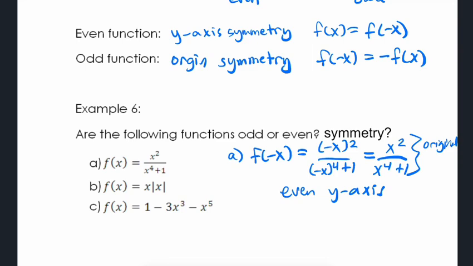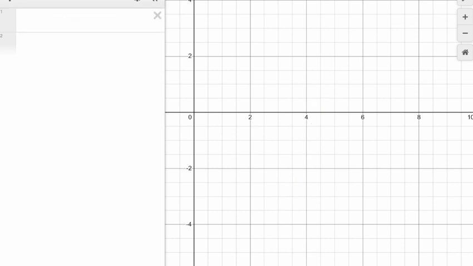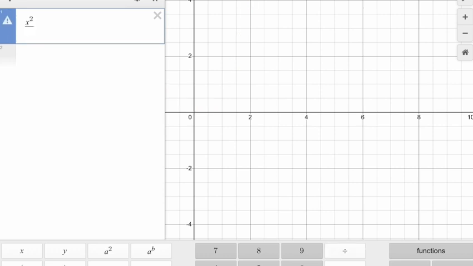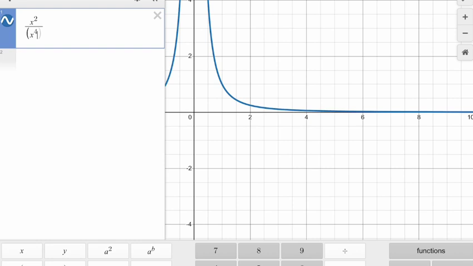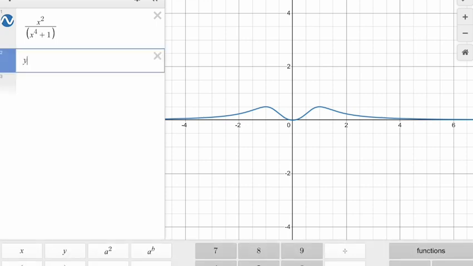How could we check our work? Well, that's where Desmos comes into play. I would check your work in Desmos. So if we go back to Desmos, and if we put in x squared over x to the fourth plus 1, it should be a graph that I could fold down the line x equals 0, the y-axis.